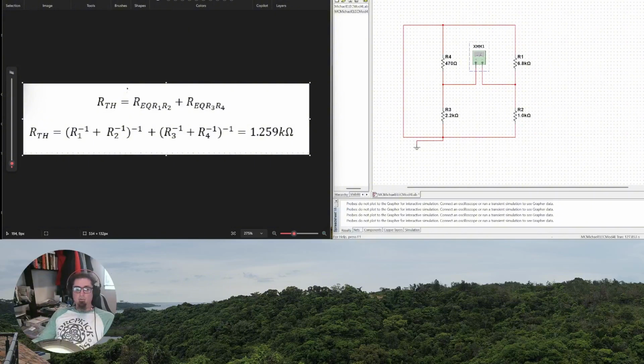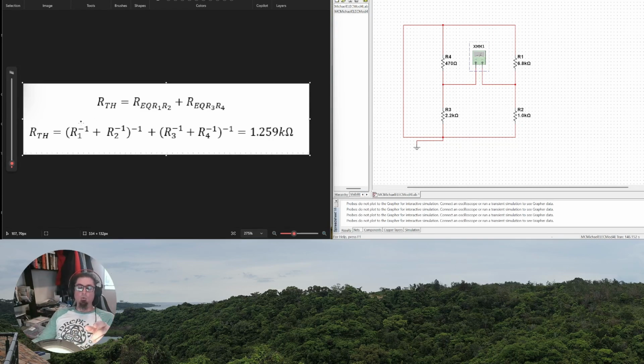Now, when we do the equation, we're finding our resistive Thevenin equivalent portion. We would take our resistive equivalence of R1 and R2 plus the resistive equivalence of R3 and R4, and then we would add them together.